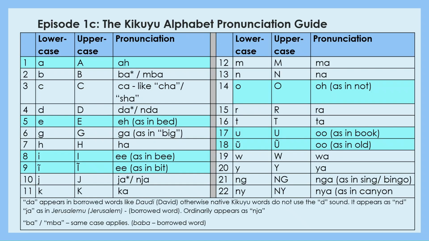Welcome to the Gikuyu Alphabet Pronunciation Guide. This table is your pronunciation Bible for the entire course. What you are looking at are all the 20 plus, in our case, plus two letters, the two special combination consonants of the Gikuyu alphabet, presented in both lowercase and uppercase, alongside a simple English guide to help you pronounce each one correctly from day one.